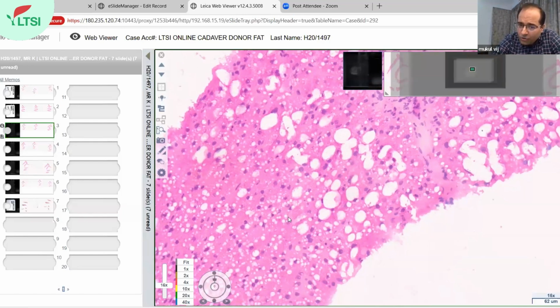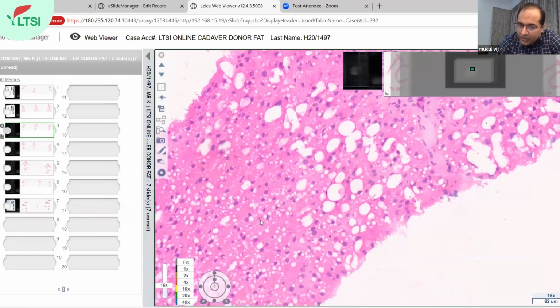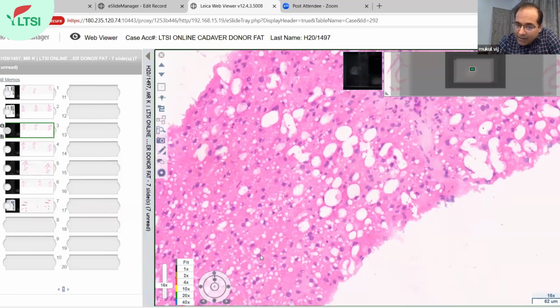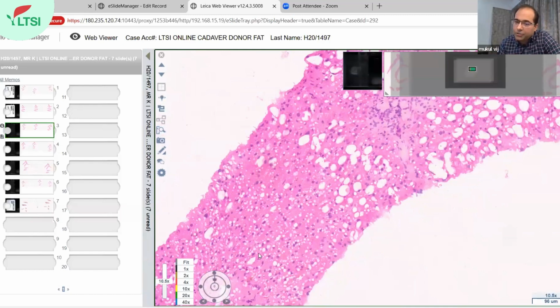We can also see these very small vacuoles. This is small droplet fatty change. Earlier, people used to combine both and report all fatty change in a cadaver biopsy.